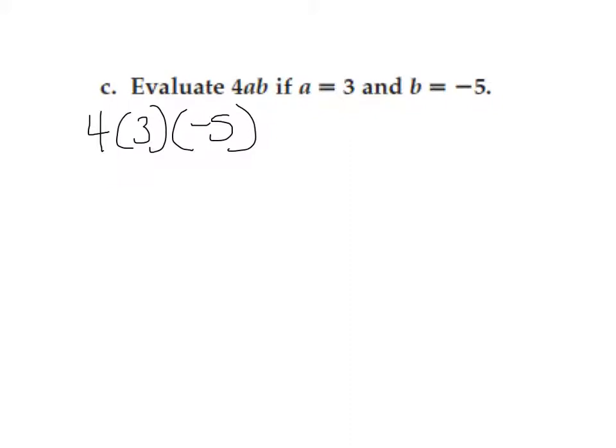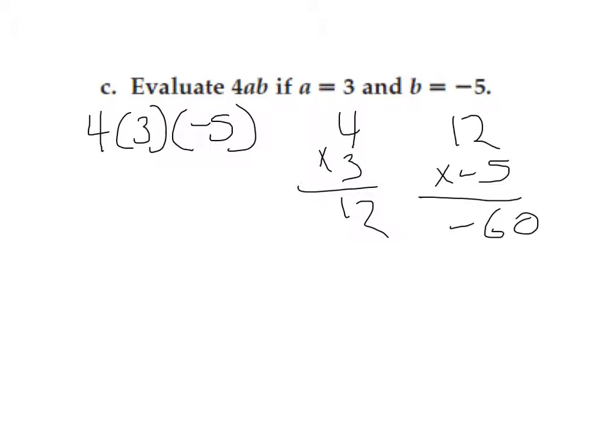Now we're just going to go ahead and multiply out these three numbers and see what we get. 4 times 3 is 12. Since the 12 is positive, because both 4 and 3 are positive, now we're going to take negative 5 and multiply that by 12, and we get negative 60. So our answer is a negative 60.